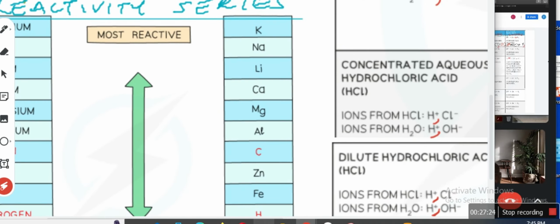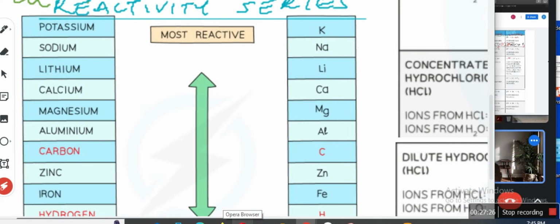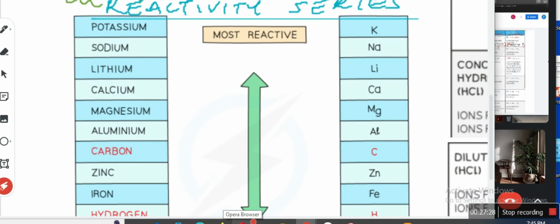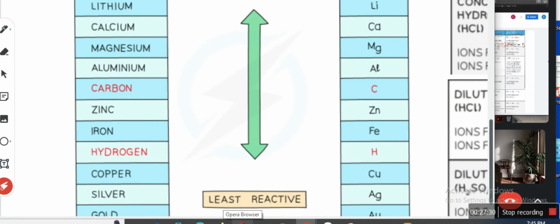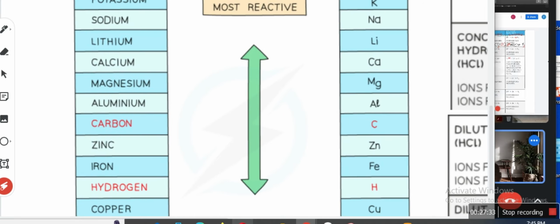You can see sodium is higher than hydrogen. Hydrogen is lower in the reactivity series, so it will be preferred, and sodium will be dropped.